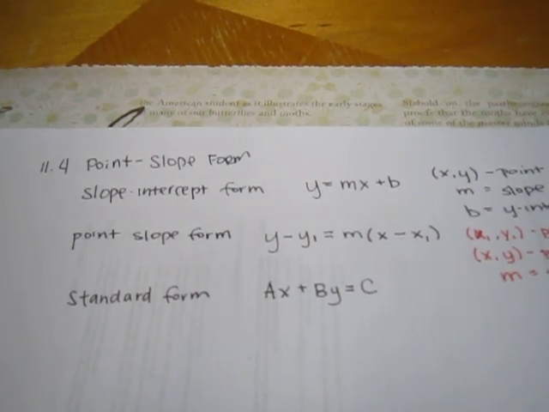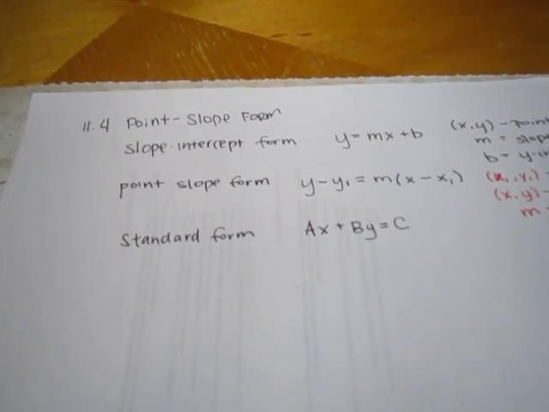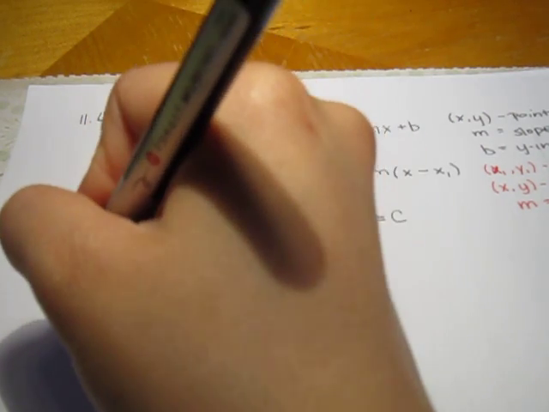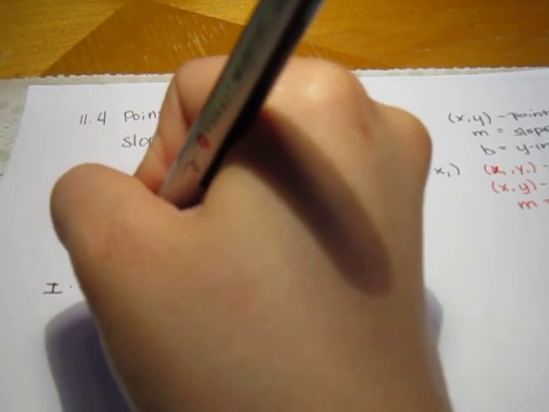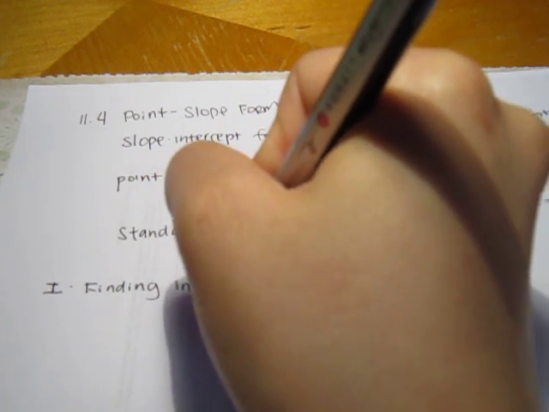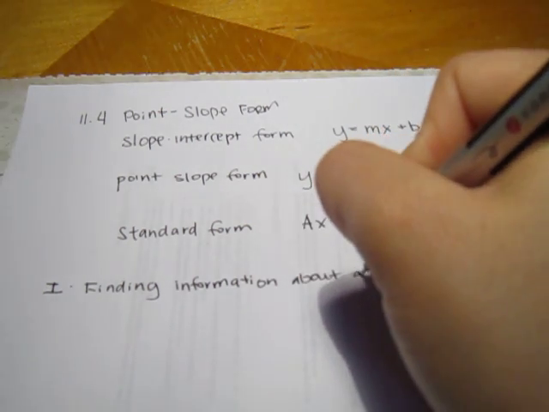Okay, so let's talk about how you can use a point slope form to find information about a line. So that's our Roman numeral 1, finding information about a line.